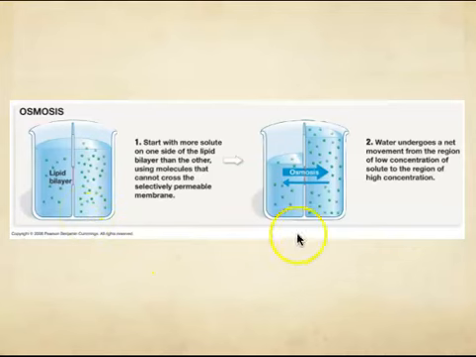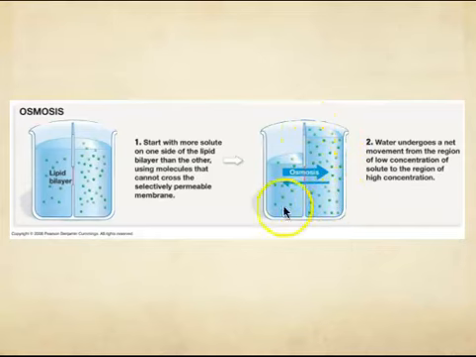Take a look at the beaker after some time has passed. The water moved from the side with a lower concentration of particles toward the side with the higher concentration of particles in order to dilute out that high concentration.